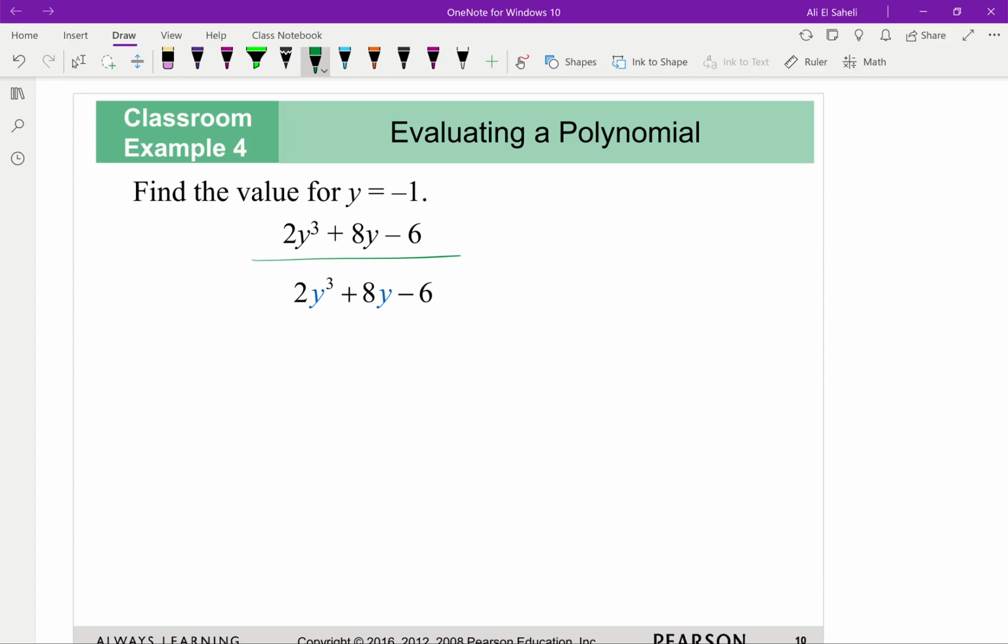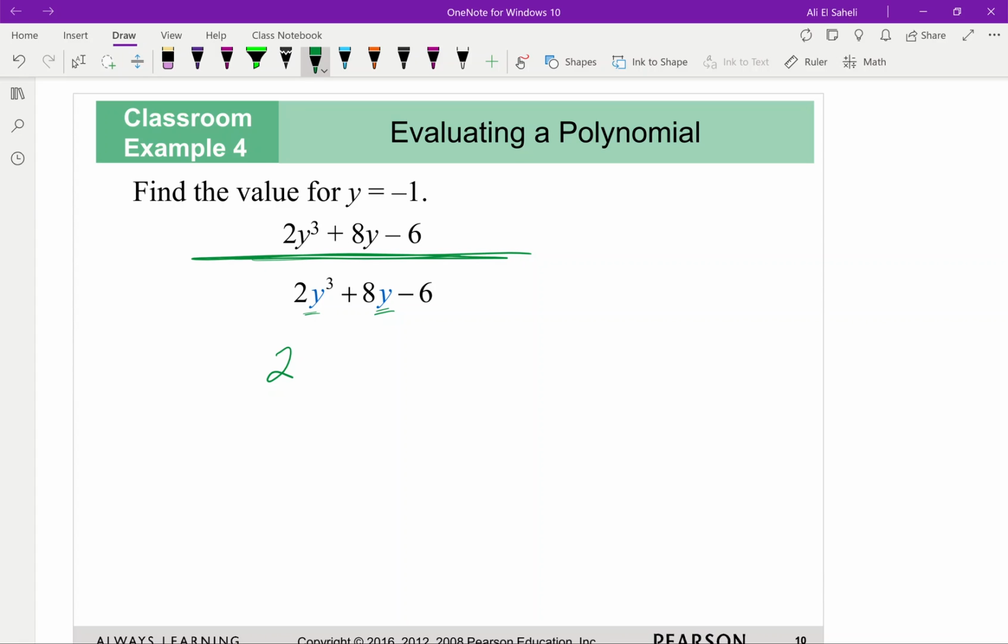Now this can have different values depending on what value we assign to the variable y. If we assign the variable y a value of minus 1, then for every occurrence of y in the polynomial, we replace it with minus 1.